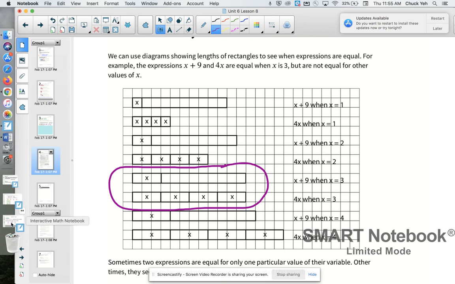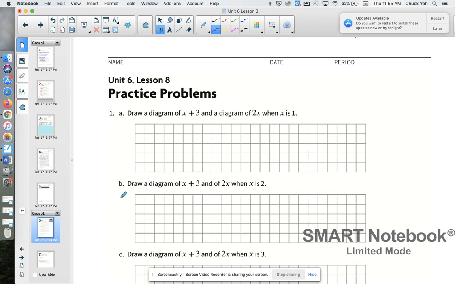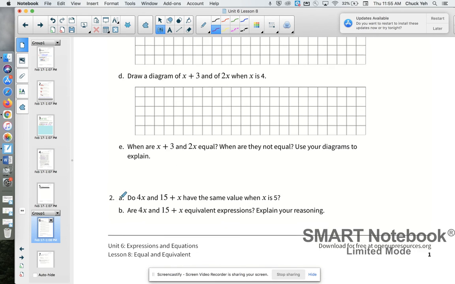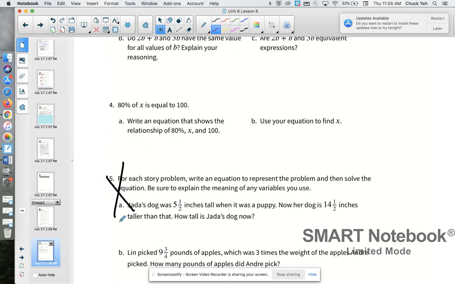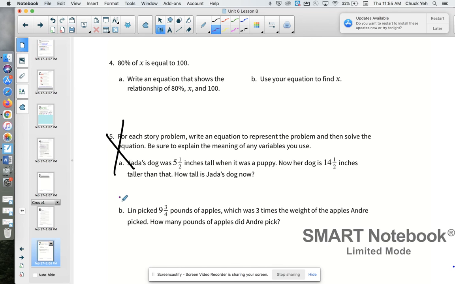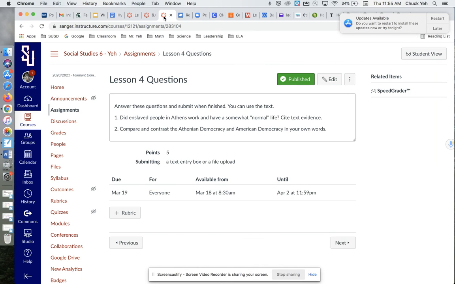All right. Your homework is to do the practice problems and then do 3 and 4, but not number 5. Okay, don't do number 5. Then also, you were supposed to read chapter 5, lesson 4 yesterday for homework.